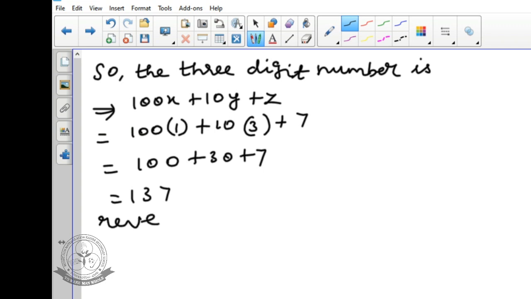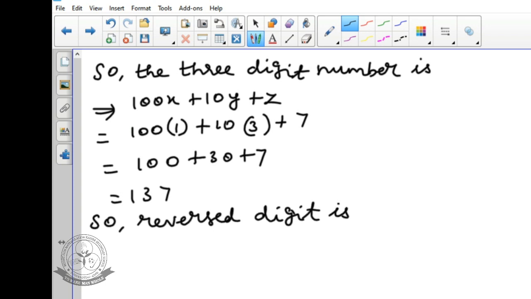Therefore, the reversed digit. Reversed digit means what here? x and z will be changed. So we get the value 731.